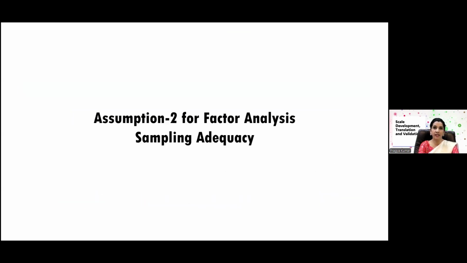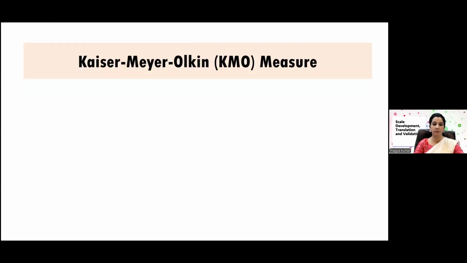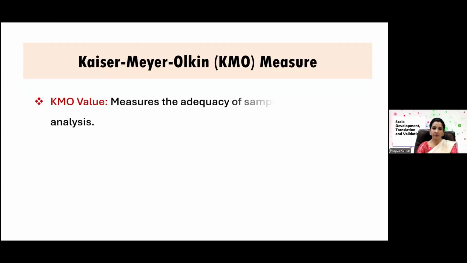Now coming to the second assumption, which is sampling adequacy. So what is sampling adequacy? There is a test called the Kaiser-Meyer-Olkin measure, the KMO measure. Generally, it checks for sample adequacy.